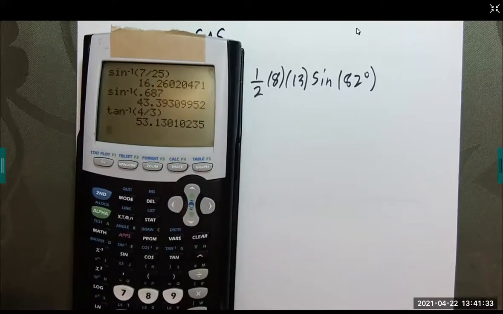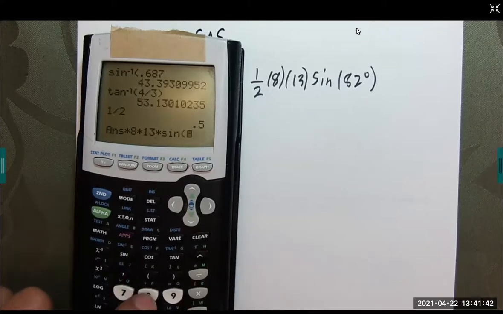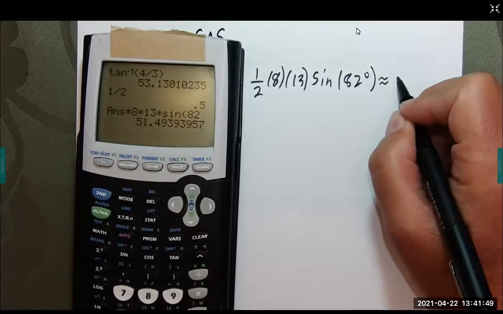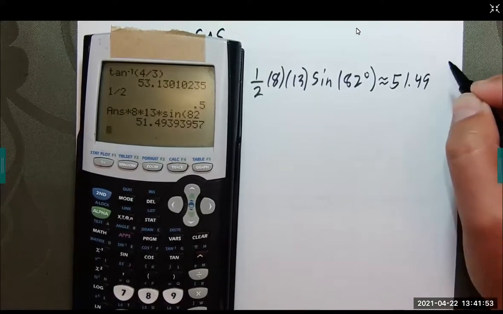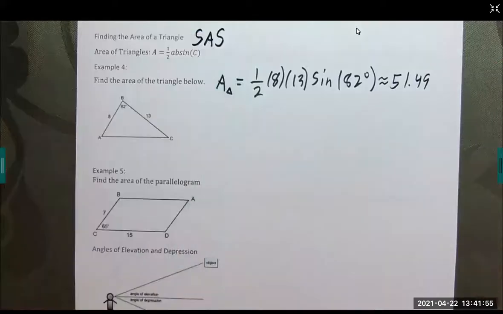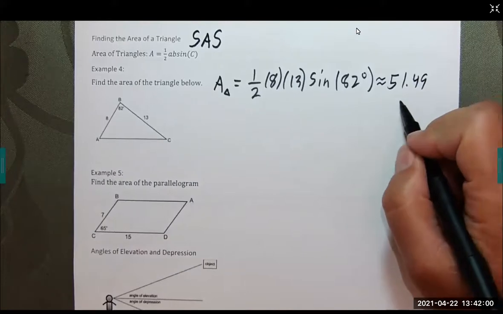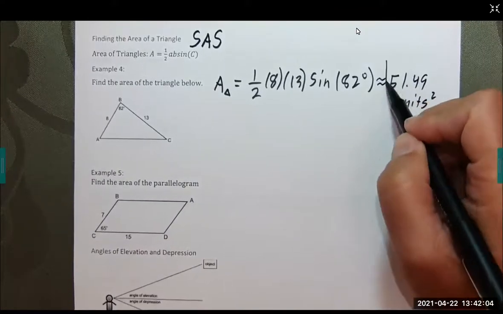So 1/2 times 8 times 13 times sine of 82. $51.49. And we don't have a unit on this one. This would be square, whatever, square feet, square meters, square inches. So units squared, I guess we could put.